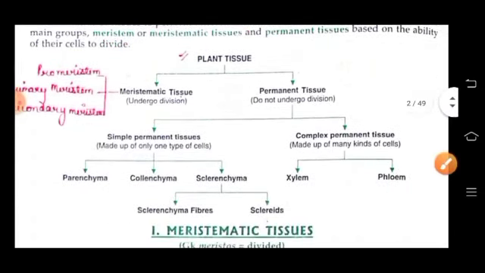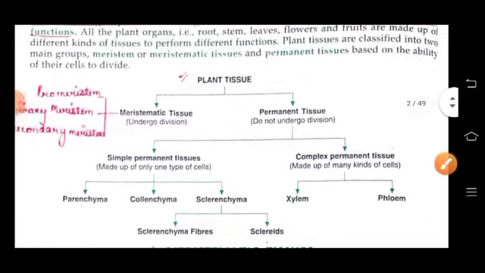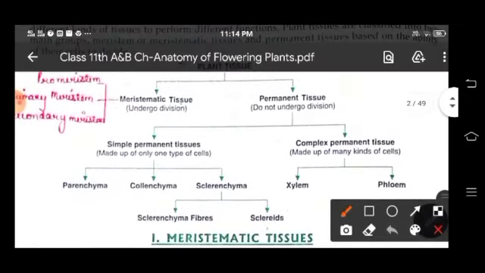So here is a flow diagram of plant tissue. Plant tissue is categorized into two parts, meristematic tissue and permanent tissue. Meristematic tissues are temporary tissues that undergo division, whereas permanent tissues do not undergo division. Permanent tissues are again divided into simple permanent tissues and complex permanent tissues.